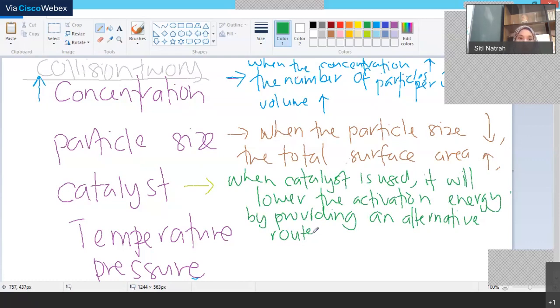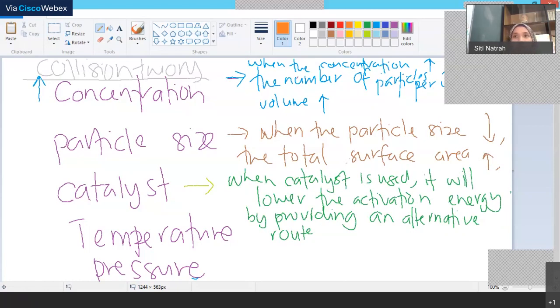Okay. So how about the temperature? What do you think? For the temperature, do you think they must lower temperature or increase temperature? So macam concentration, we know that mesti tinggi lah. Kalau concentration rendah, kita punya rate of reaction pun akan jadi rendah.